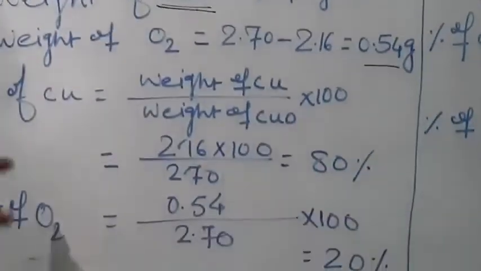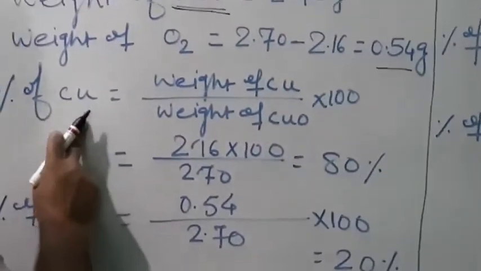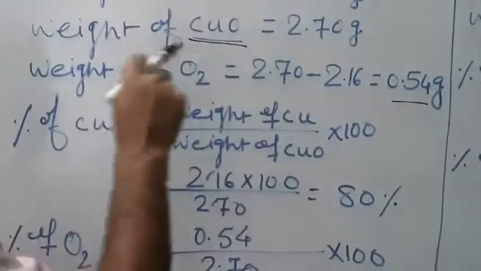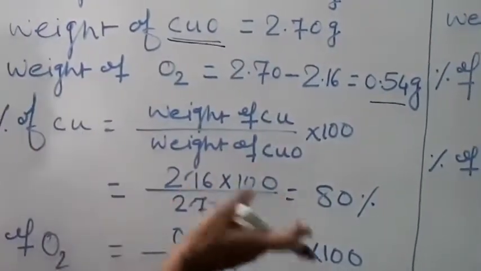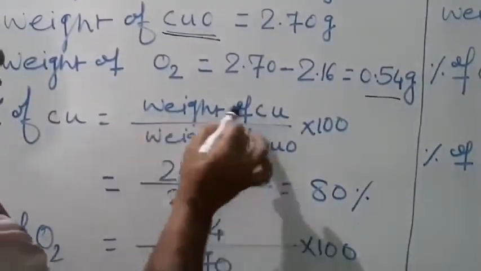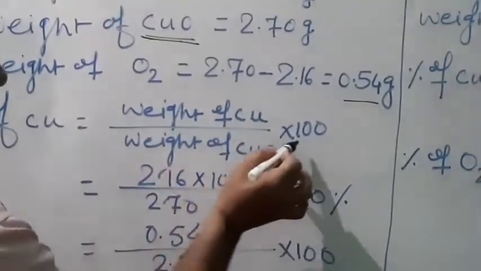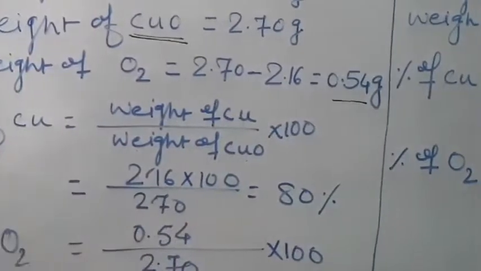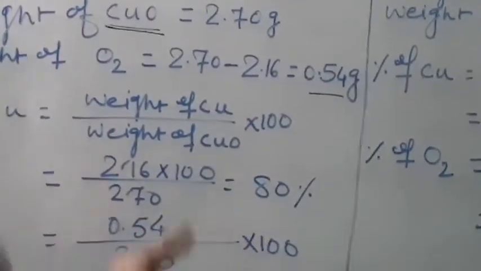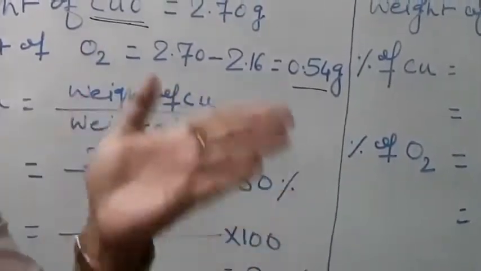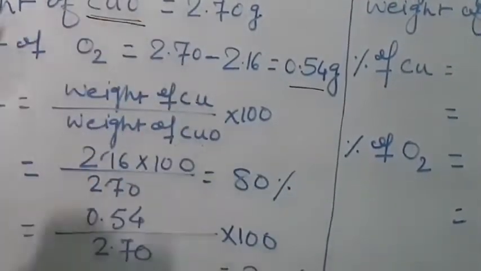0.54 gram. Percentage of copper in copper oxide equals weight of copper by weight of copper oxide into 100. We are trying to obtain the percentage of copper in copper oxide in the first experiment.